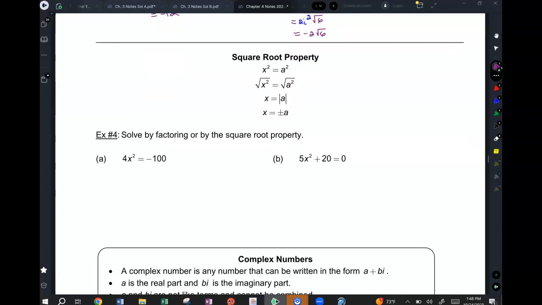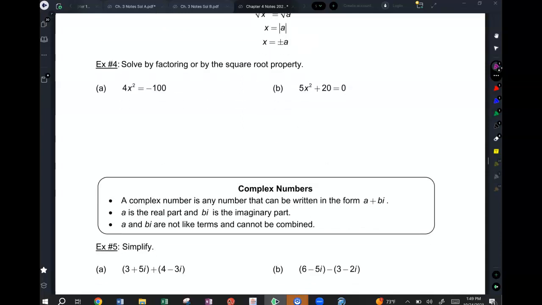Square root property. We know that if you have x squared equals something, you can take a square root, and then you get x equals plus or minus a number. We know this, right? Now let's do it with some negative numbers. First, divide by 4, so x squared is negative 25. Now take a square root of both sides, and x is plus or minus 5i.